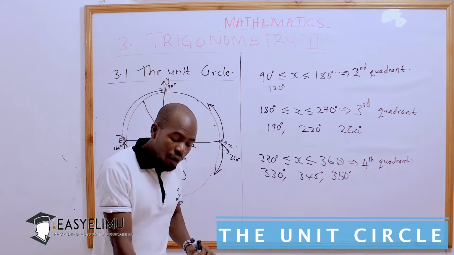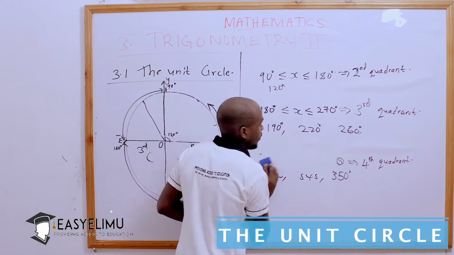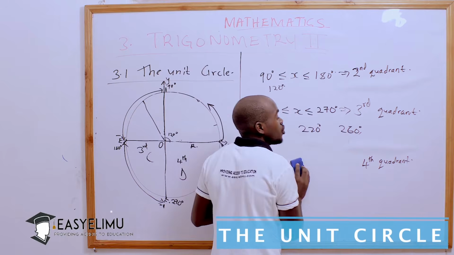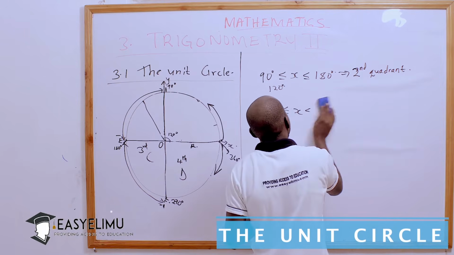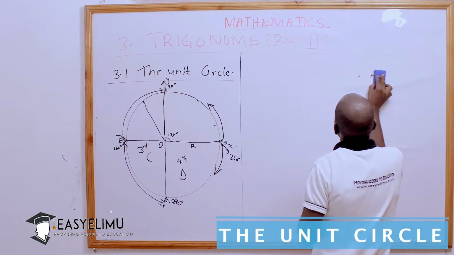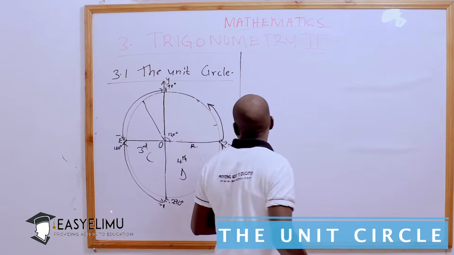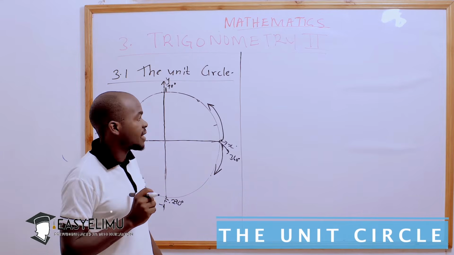So let's see how we may assign coordinates to given angles, after having identified in which direction you should move in the positive way, which one is regarded as positive, and also how we may measure a positive side angle. We may be provided with an angle like 30 degrees.